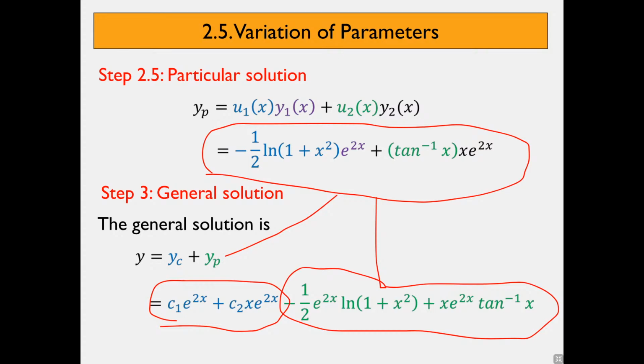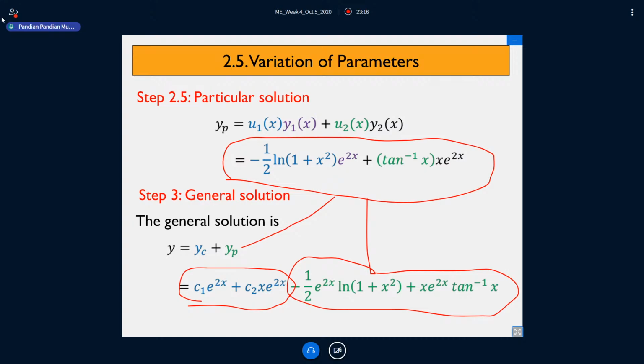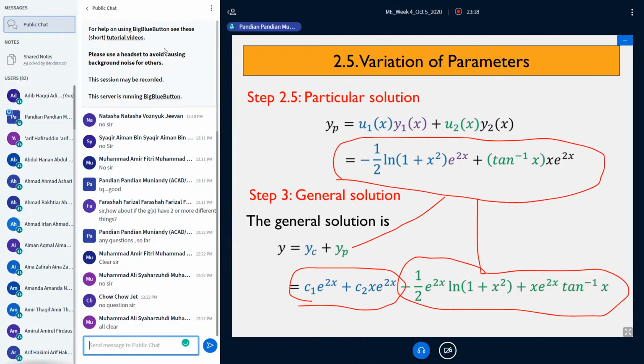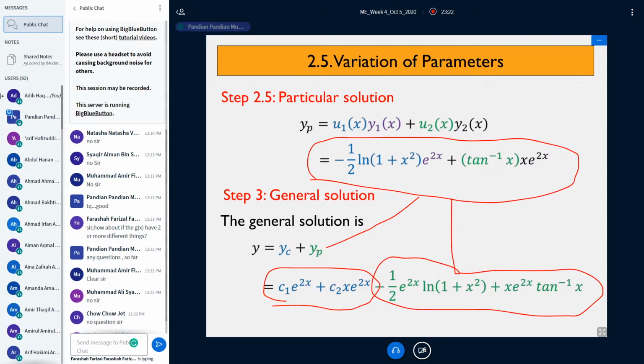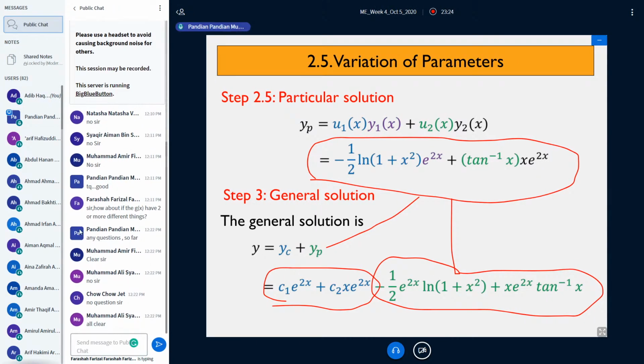Farah Shah, how about if the gx has two or more different things? What do you mean by this? I don't understand. If the gx has two or more different things, gx is a function. gx can take any form.